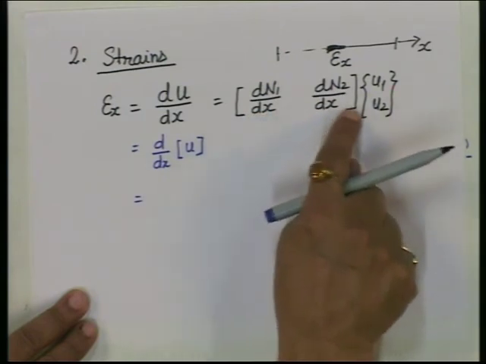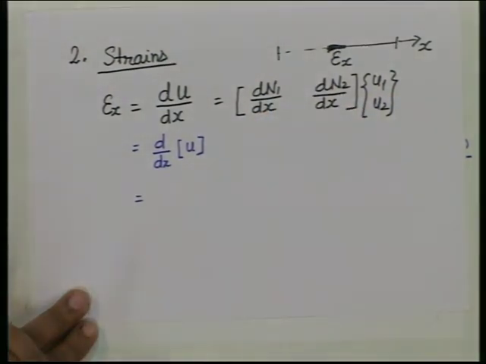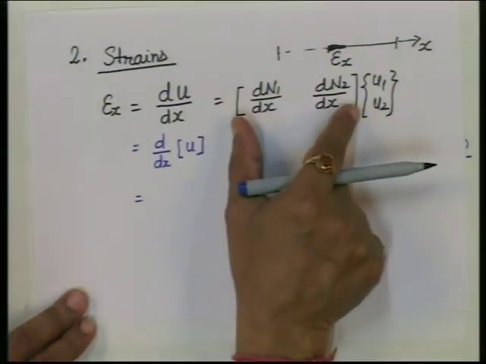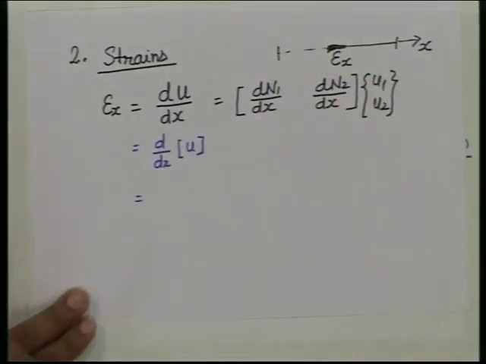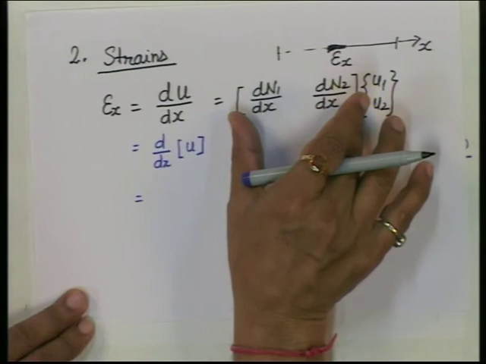derivative of the shape function matrix, in finite element terminology, in jargon, is called a B matrix, B strain matrix, because this is the matrix when multiplied with nodal parameters gives you a strain. So, we will call this a strain matrix.